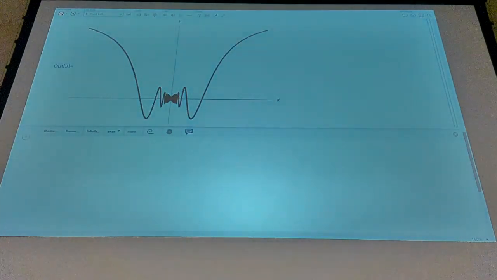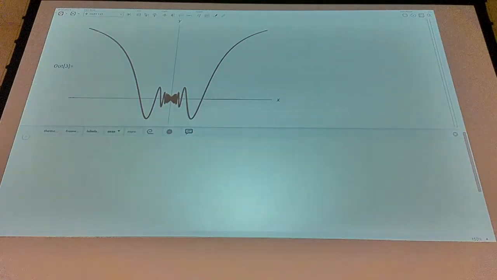Here's one of my favorite functions. This is a case where it's crossing the x-axis an infinite number of times.